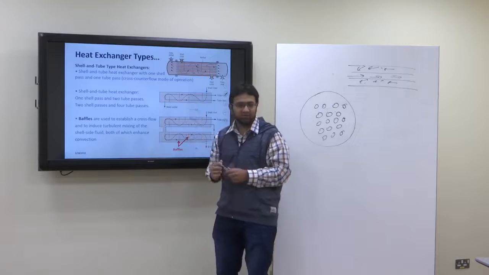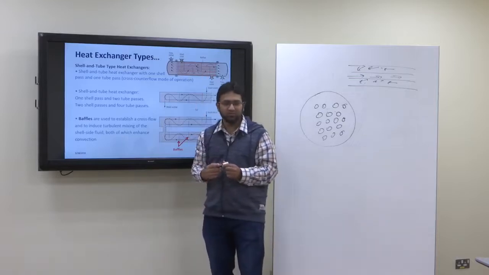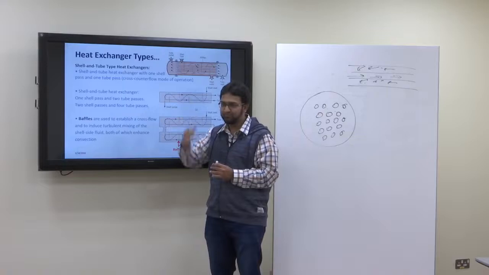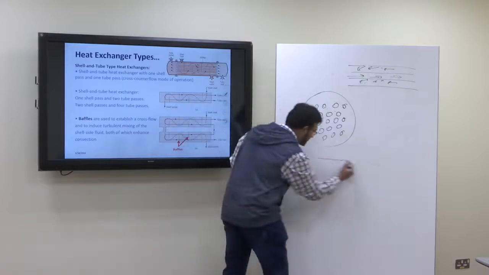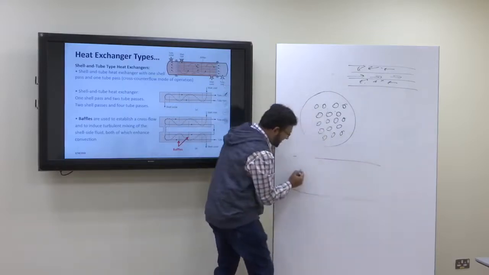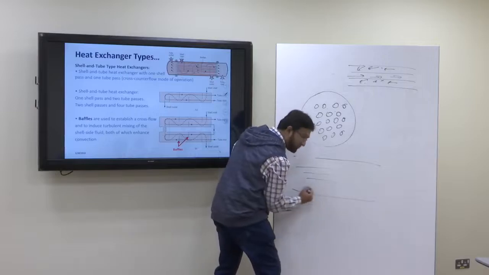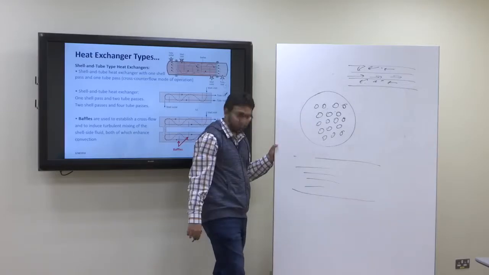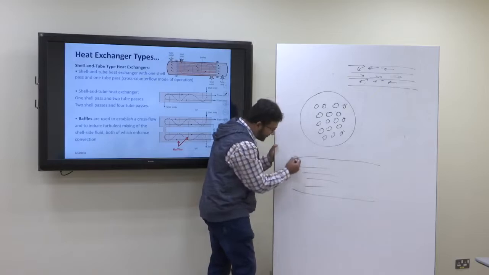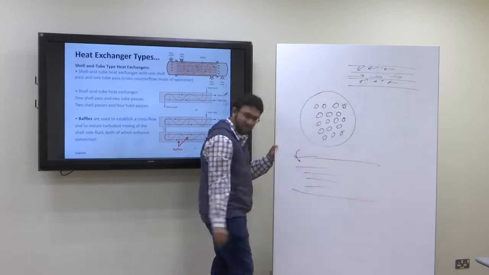In order to make the fluid move cross flow, what we do is that we put baffles. So this is your shell. Inside the shell you have many tubes, and you have the fluid entering into the shell.